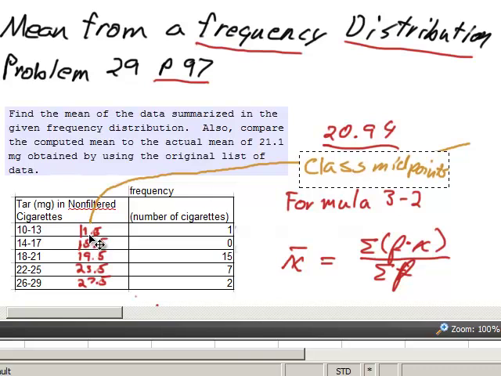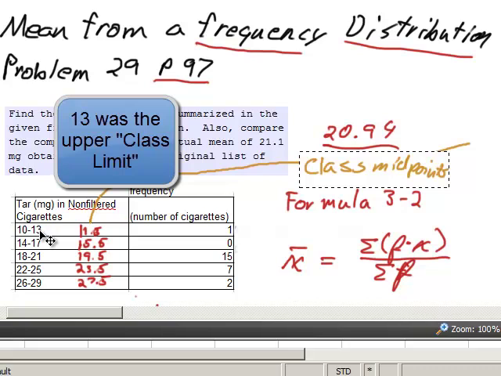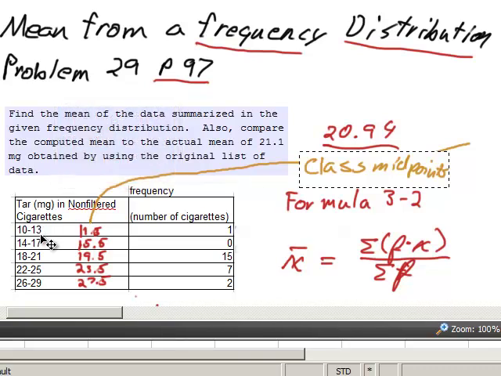Remember this 13 was chosen as just a number that would contain the set. We could have chosen 13.999 for the class upper limit.